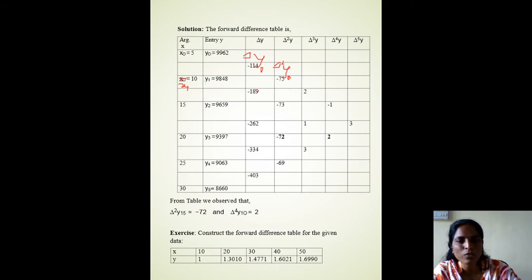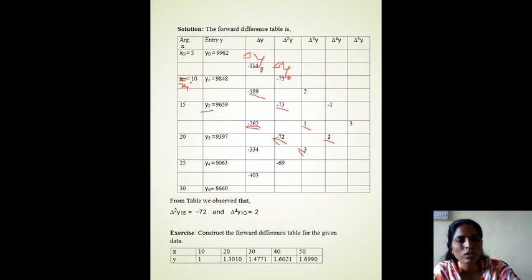Again this is y1, so this is delta y1, delta square y1, delta cube y1, and delta raised to 4 y1. This is y2, so that gives you delta y2, go diagonally, this is delta y3, and this is delta y4. Now y3 is nothing but y at x equal to 3.